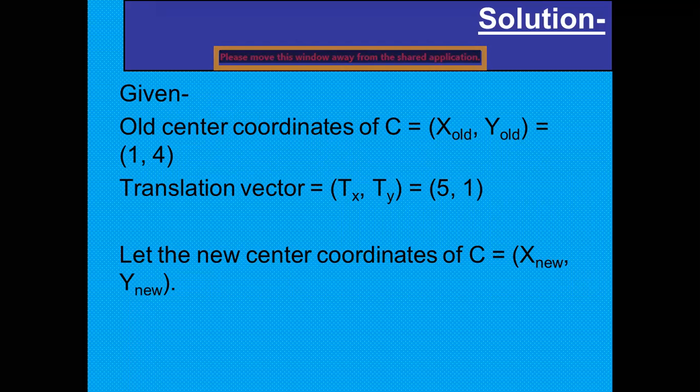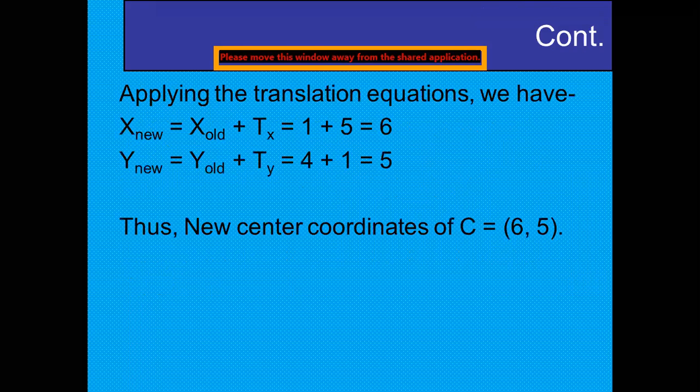Similarly, y new is equal to y old plus Ty. Now, by using these two equations, we can calculate the new coordinates, because Tx and Ty are already mentioned in the problem. Now you can see in the next slide, applying the translation equations.